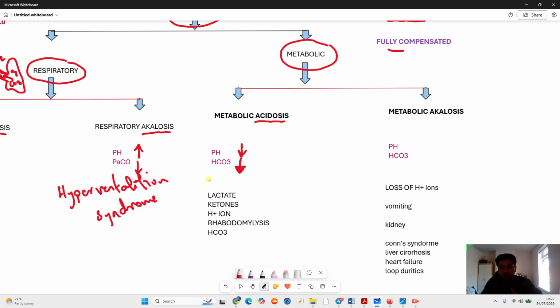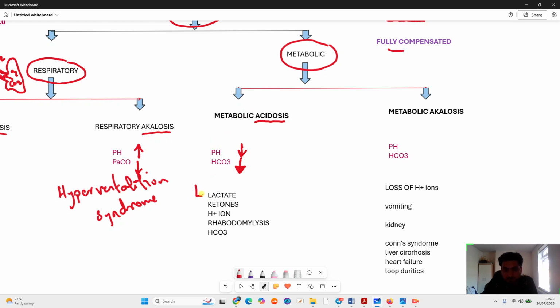So when we have less bicarbonate, less hydrogen will be neutralized, and the hydrogen level will go up and the pH level will go down. This is a mechanism that you have to learn.